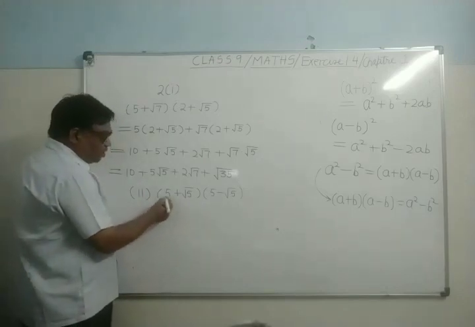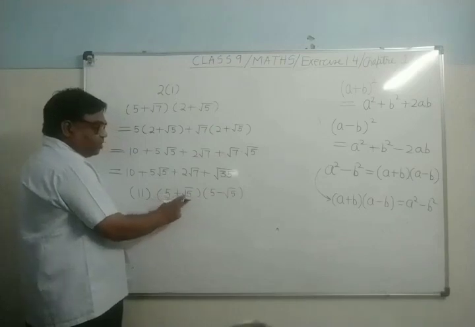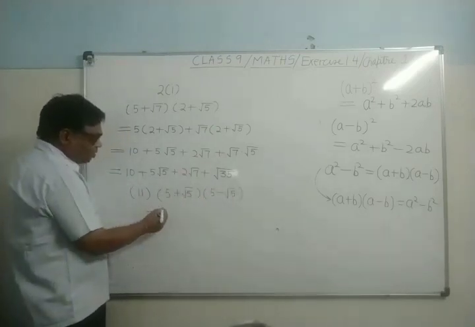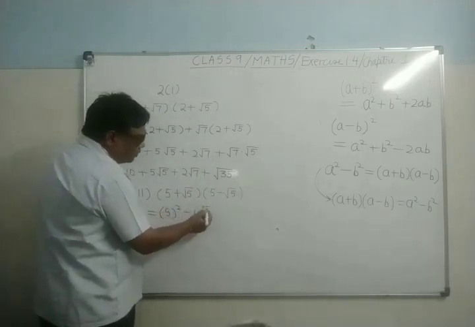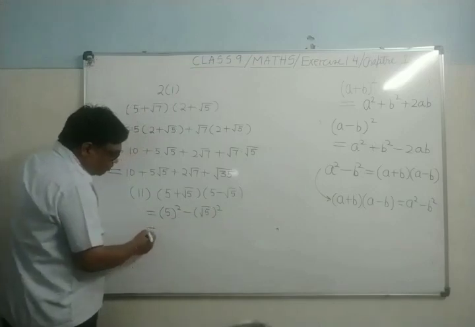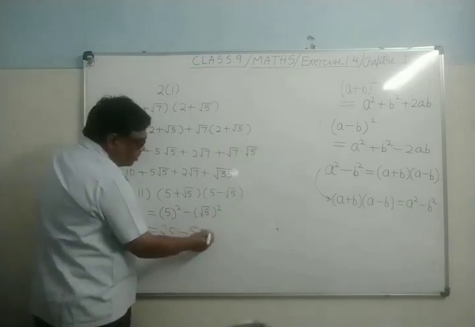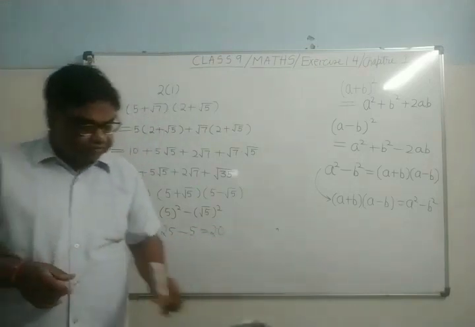So here is the sum of these two things, and in the other bracket the difference of the same two things. So it will be 5 square minus root 5 square. 5 square is 25, minus root 5 square is 5, that equals 20.